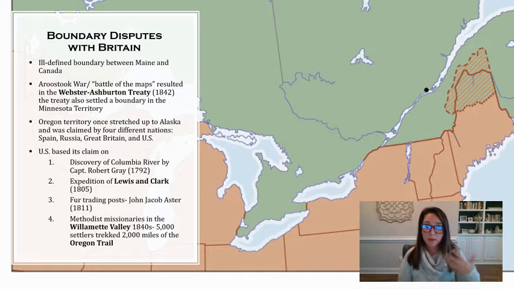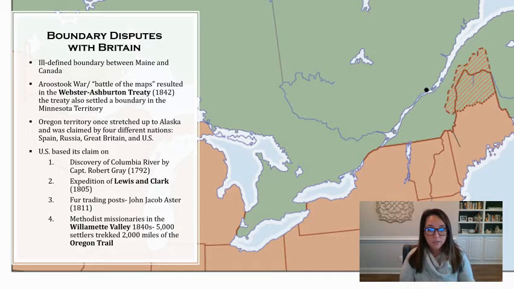When they got there, they built a fort. They stayed the winter. We talked about that, but they planted an American flag there. And that means something in that age of exploration, even before that. If you establish a settlement, you lay some claim. In addition to that, a little bit later, we will talk about the westward trails, and the Oregon Trail.